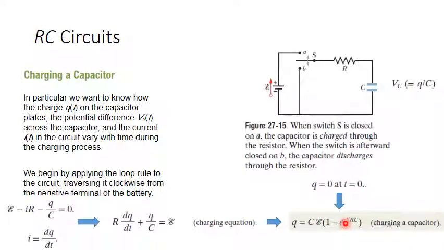Assuming that the time is going to infinity, after a very long time, e to the power minus something very large is nearly 0. So after a very long time, this term would be nearly 0.